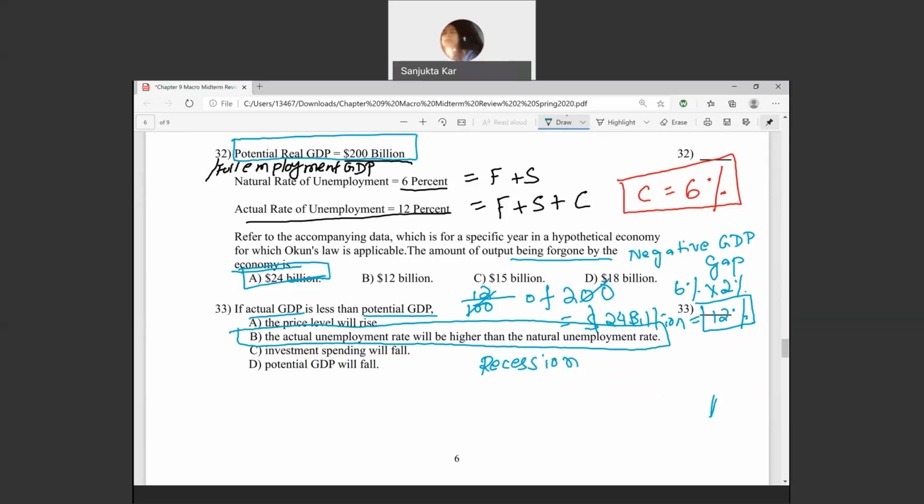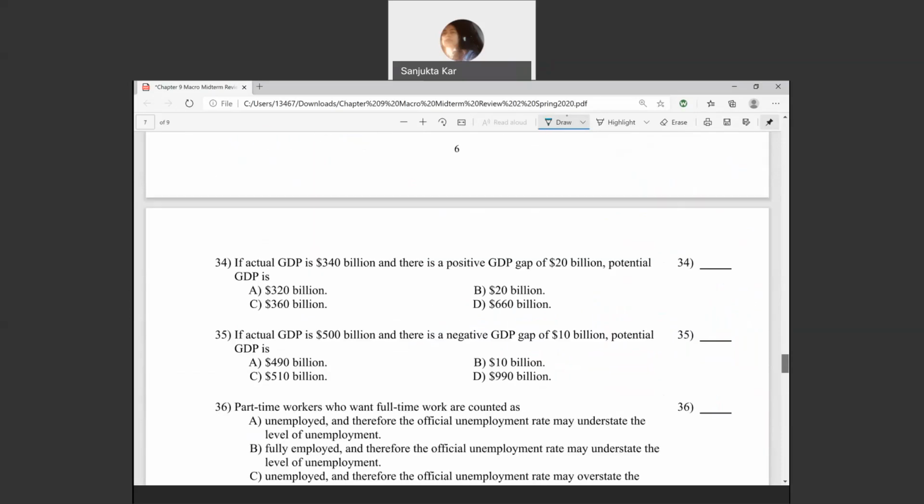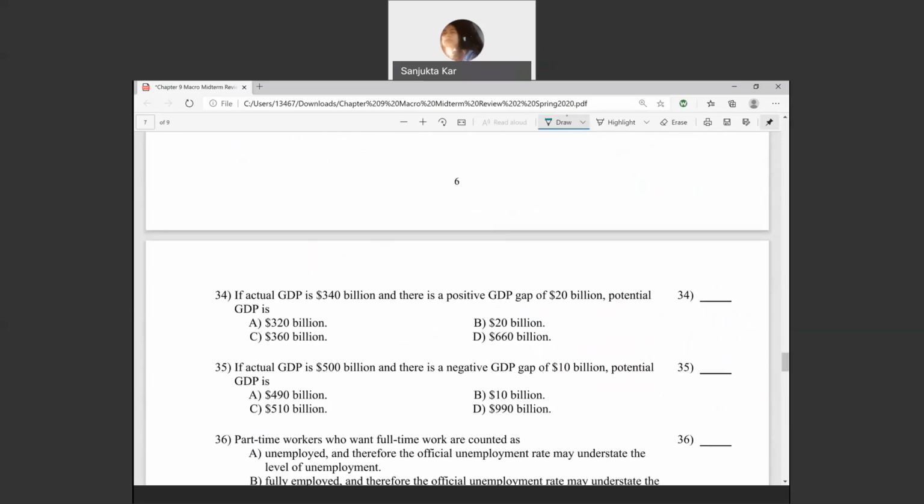Alrighty, moving to the next one. Question number 34. If actual GDP is 340 and there is a positive GDP gap of 20, potential GDP is equal to how much? How do you find a GDP gap?